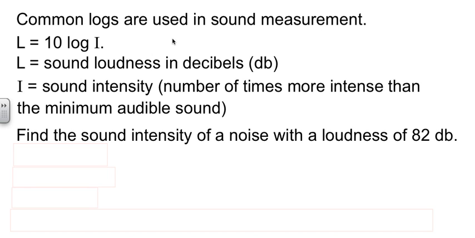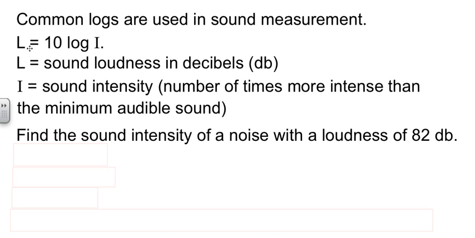Now, we use common logs in a few applications. The examples we're going to be working with are sound measurements. It's also used in chemistry to find pH, how acidic or how basic something is. And it's also used as part of the Richter scale measurement for earthquake intensities. But we're going to work with it just in terms of sound here.